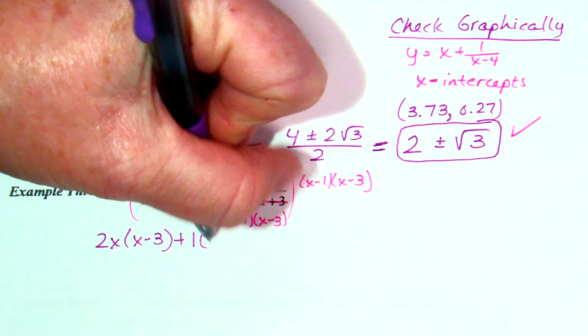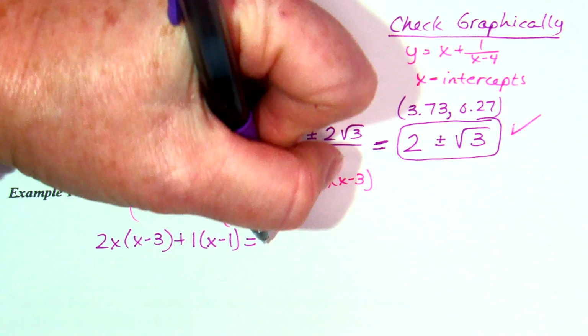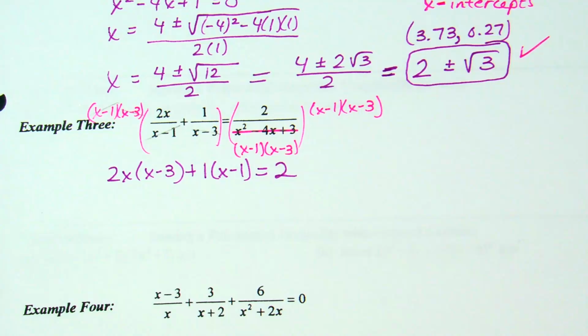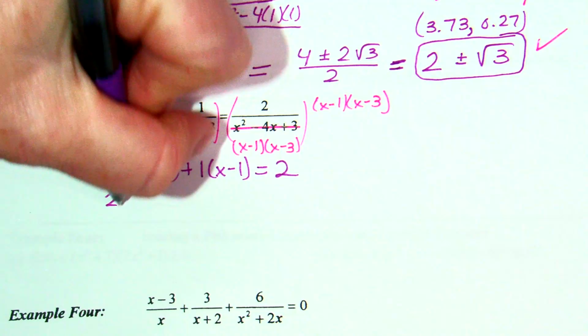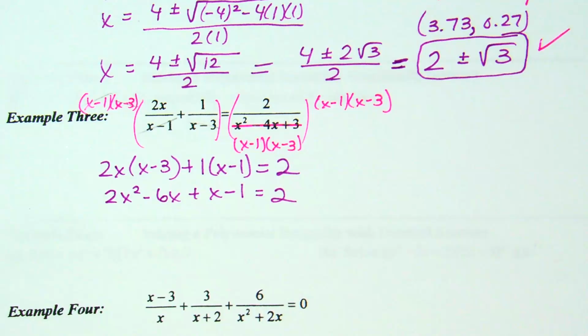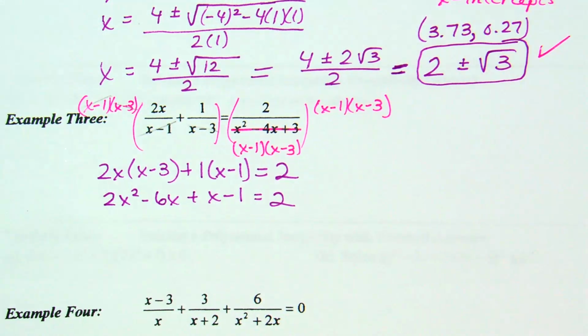On the right side, what cancels? x minus 1 and x minus 3. What remains? 2. From here, you do a bunch of algebra: 2x squared minus 6x plus x minus 1 equals 2. I'm going to tell you, you set it equal to 0. You can either factor using product of AC, or you can check, or you can use the quadratic formula.